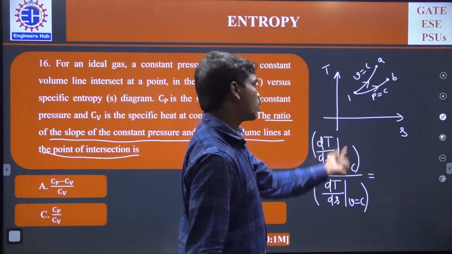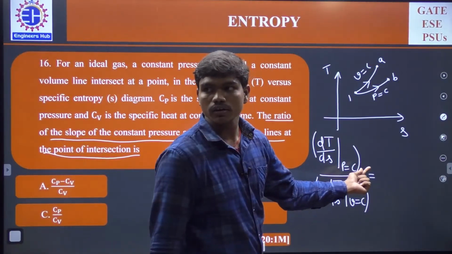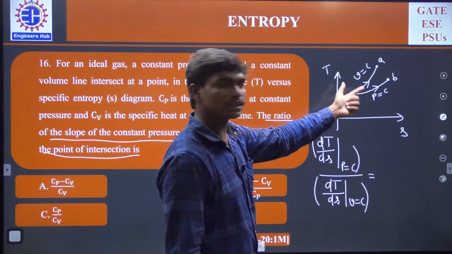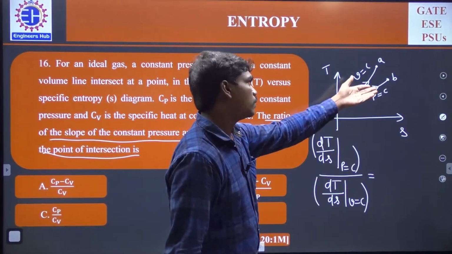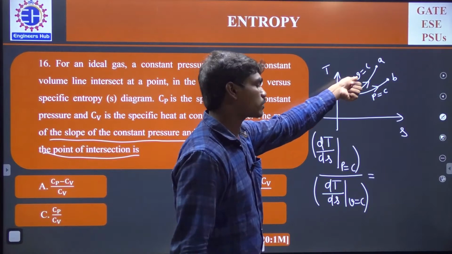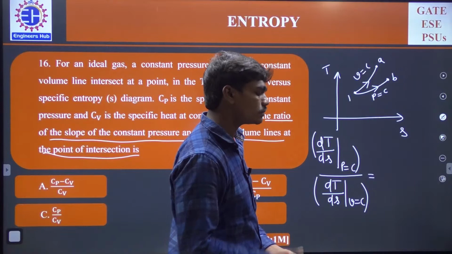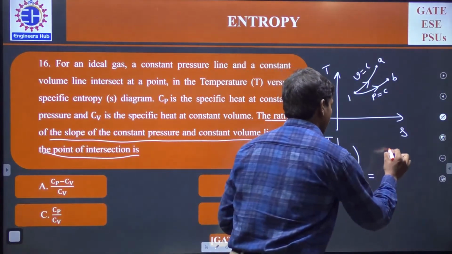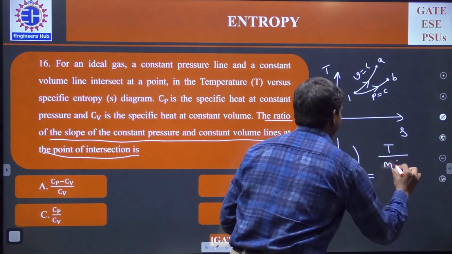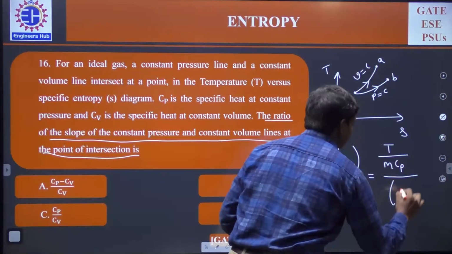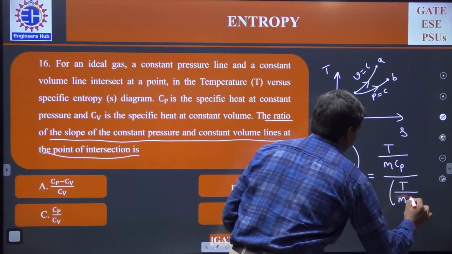Now, what's the slope of the constant pressure line? What's the formula we got? You remember? We derived this last day. So what's the slope of the constant volume process and the constant pressure process on the diagram? This is T by mCp and this is T by mCv.